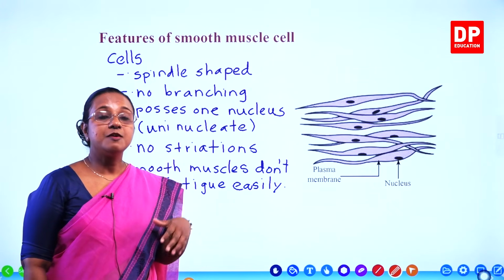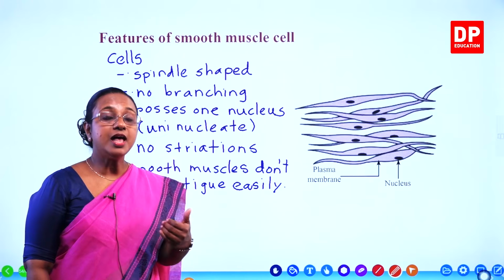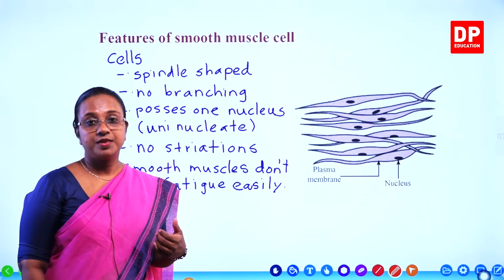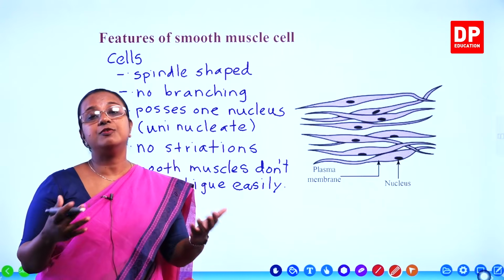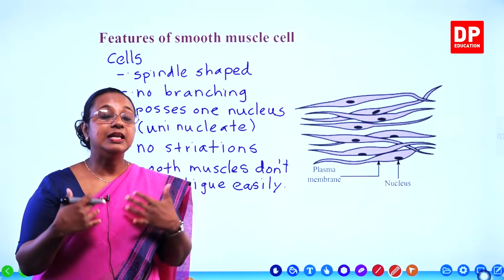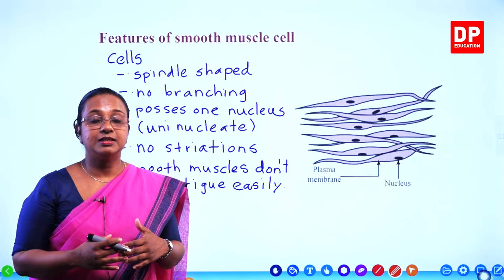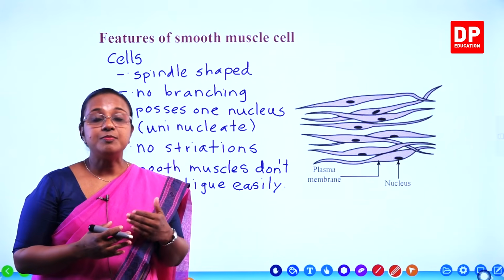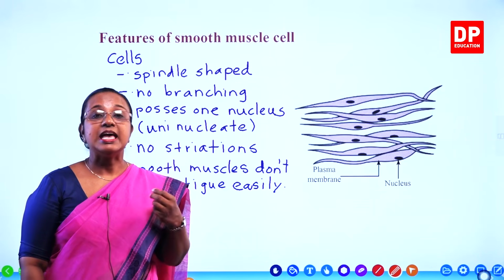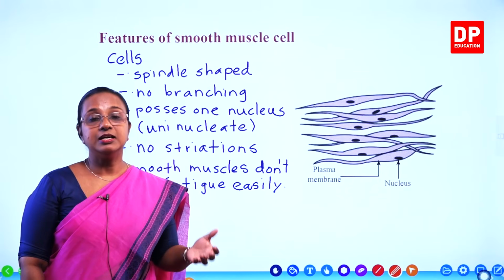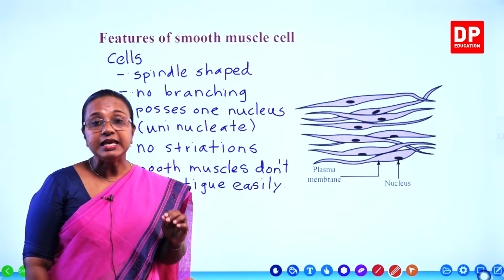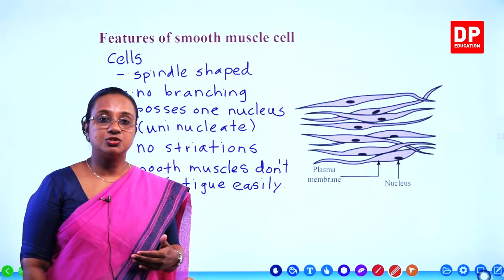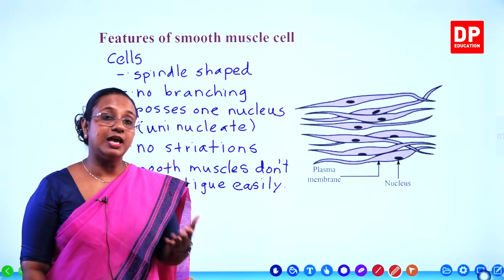Another feature, these muscles function without our control. That means we don't have to think that the food has to be digested. It happens automatically. So that process is known as involuntarily controlled. So the smooth muscles are involuntarily controlled. We don't have to think and do.